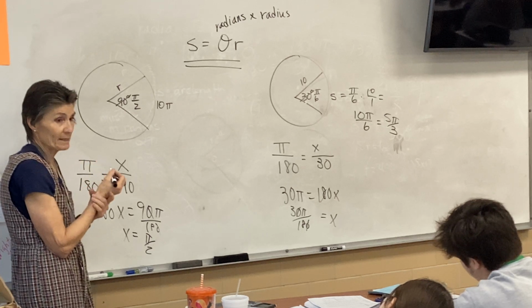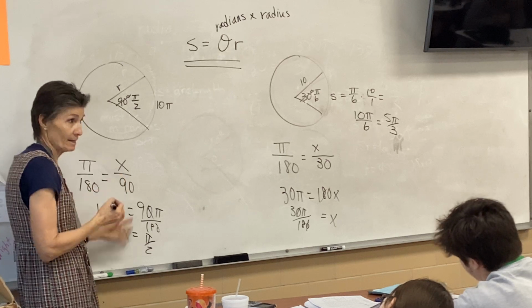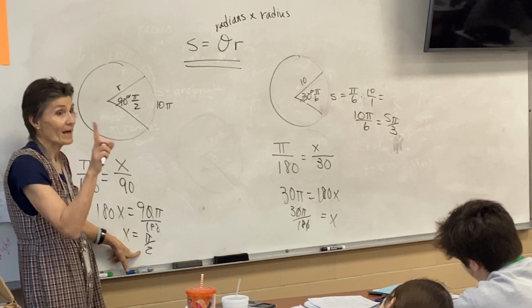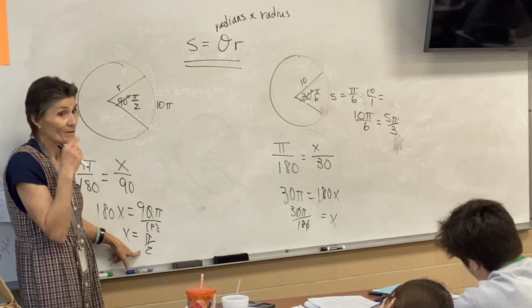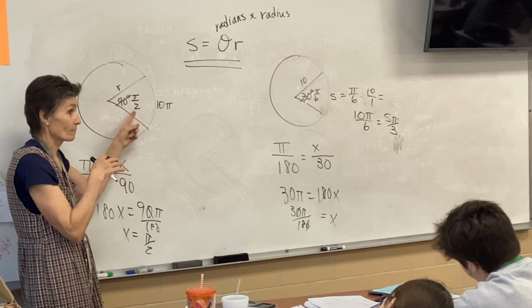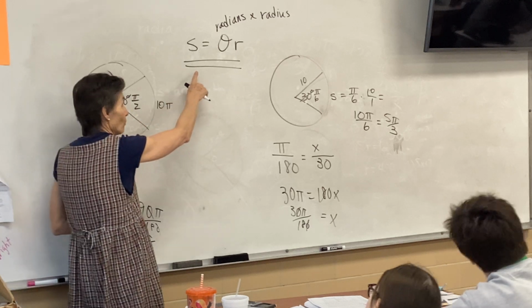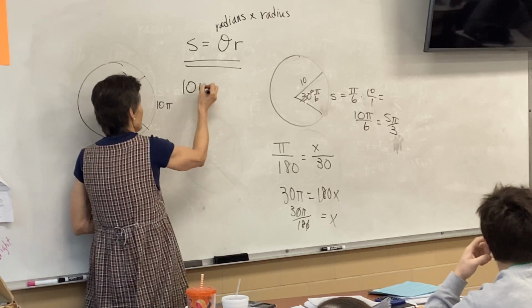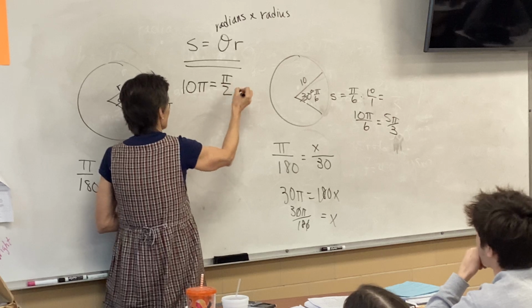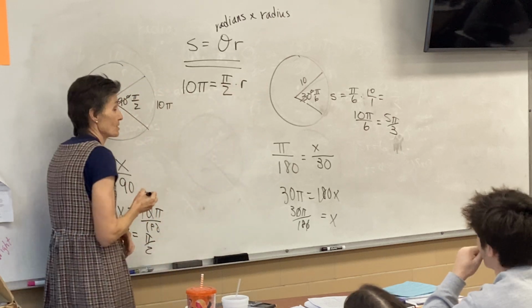Now there will be kids who get excited about doing that and doing it correctly, and they'll put that in the answer blank. That isn't the answer. All we've done is fix our angle so it's usable. Now we go back to our formula. Arc length equals angle times radius. So here's what I've got.